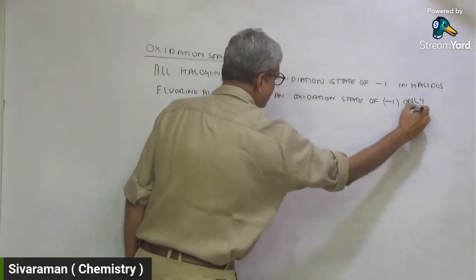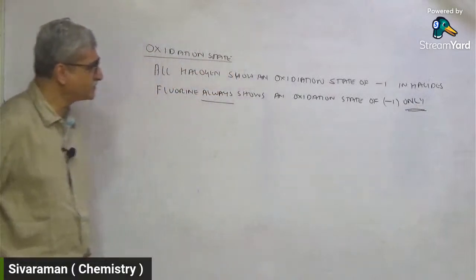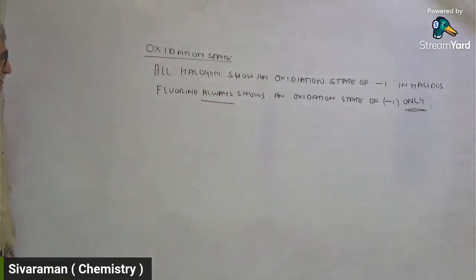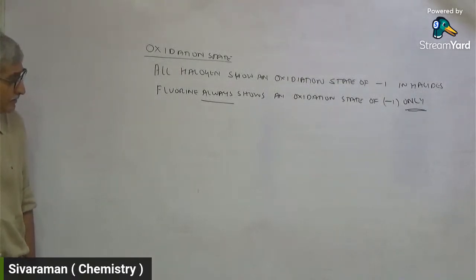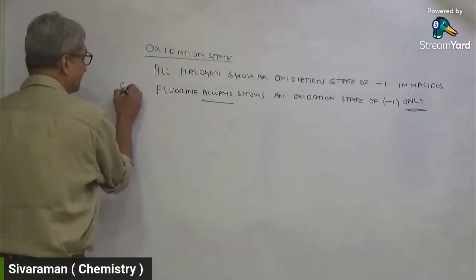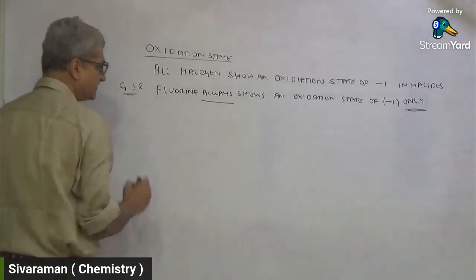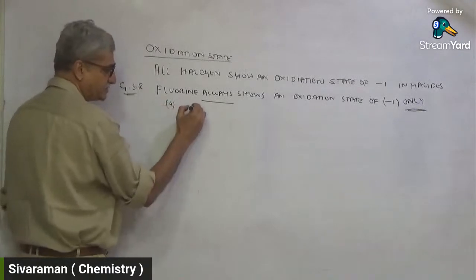Now this word "always" is very important, because that gives rise to a give scientific reason question. Please try to understand, we are using adjectives to explain this. Always and only. Give scientific reason: why is it so?